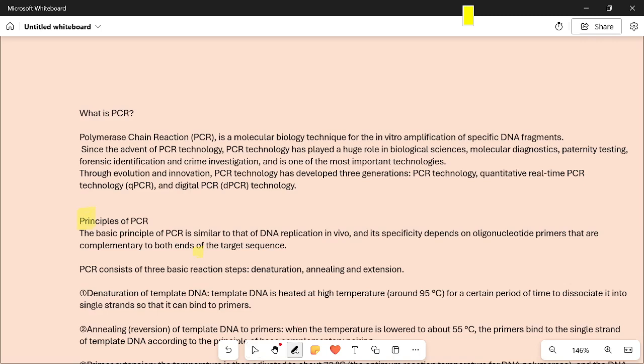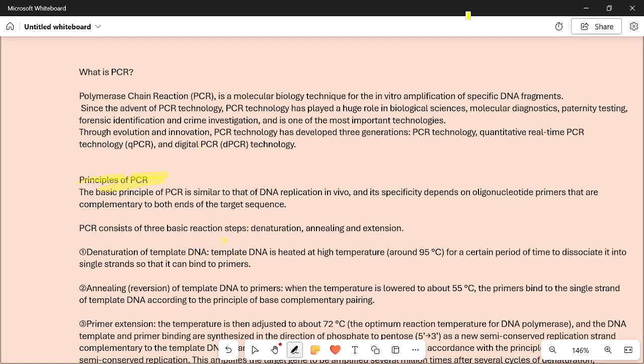Now let's discuss the principles of PCR. The basic principle is similar to DNA replication in vivo. It mainly depends on oligonucleotide primers that are complementary to both ends of the target sequence. PCR mainly consists of three steps: denaturation, annealing, and extension.